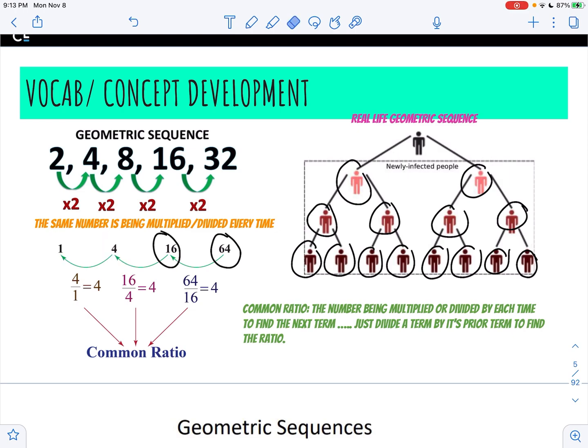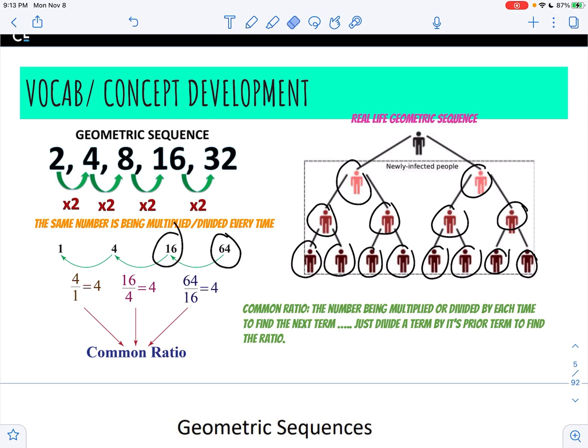You just take, for example, the second number and divide it by the first. Because to get from the first to the second you multiply, to find the common ratio you would divide. So 4 divided by 1 is 4. And you could do that with any term in the sequence.